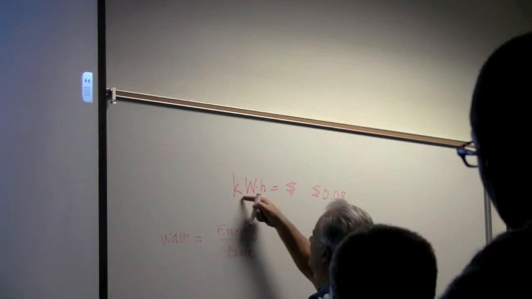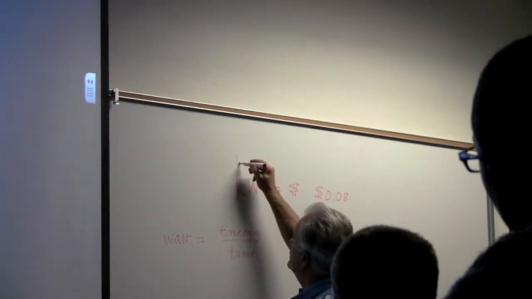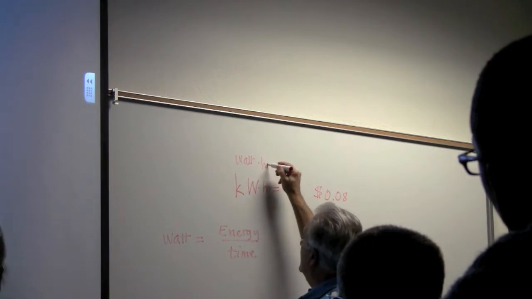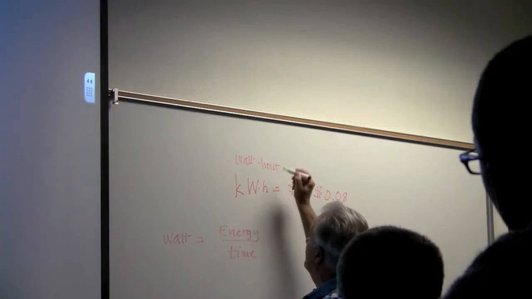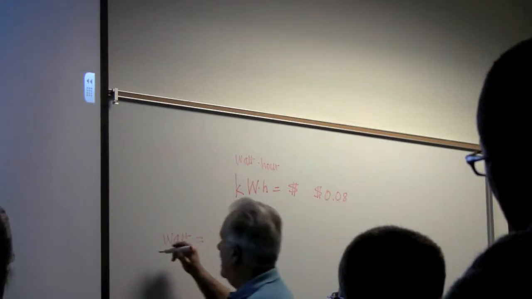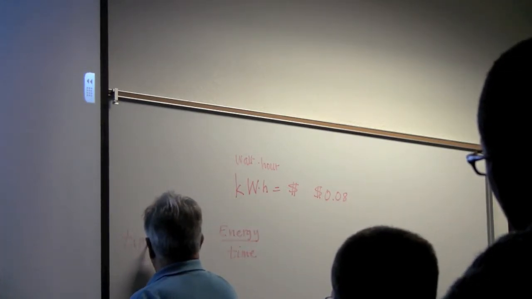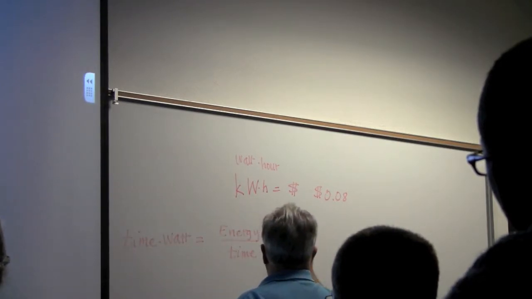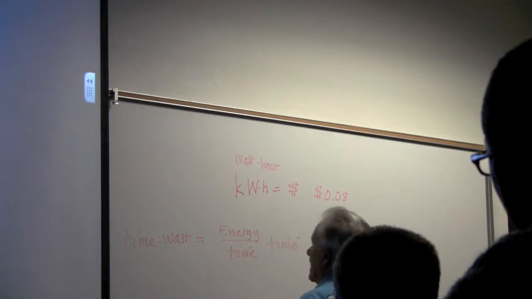What this tells you is kilo just means 1,000. So this is really watts multiplied by hours, or time. Not seconds, but hours. You see what they did here? If I multiply both sides by time, then the time will cancel on this side.